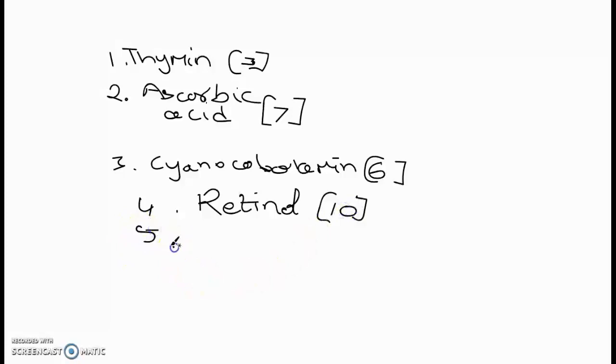And coming to 5 we have another chemical name, that is niacin. That is the chemical name of vitamin B3, and you see it in number 11. Now let's go to the next vitamin, that is riboflavin.